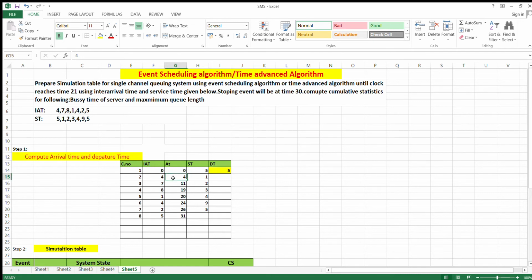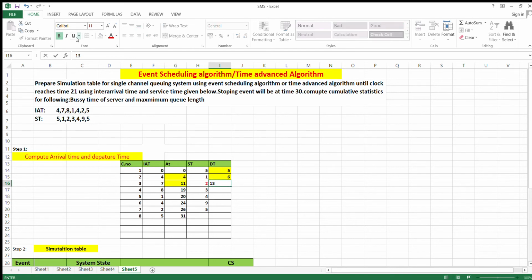Next, the previous departure time is 5 and the arrival time is 4. Out of these two, the maximum is 5. So 5 plus 1, 6. Next, the previous departure time is 6, arrival time is 11. Maximum is 11. 11 plus 2, 13.